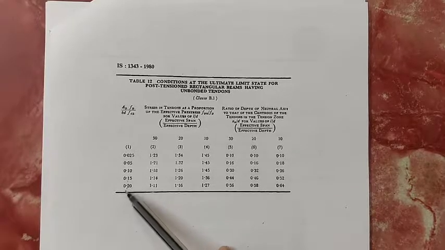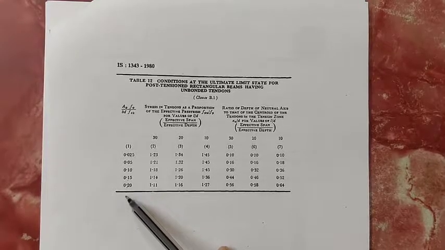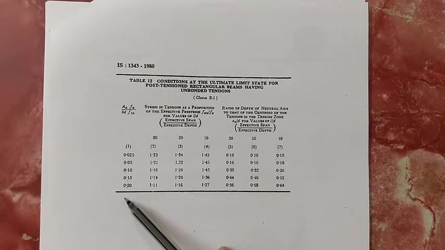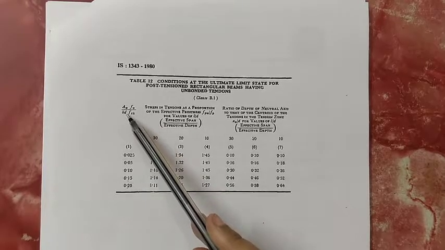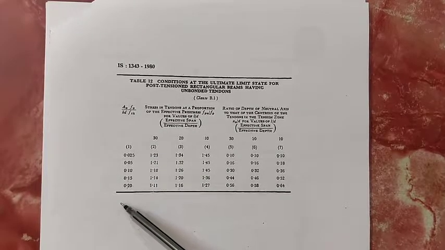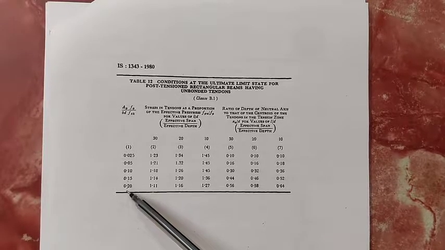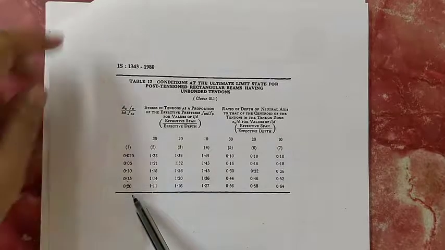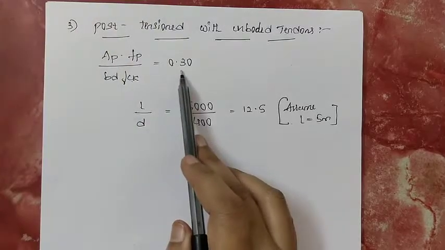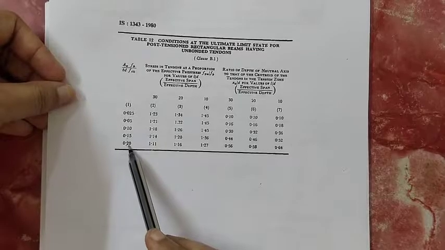The last value in this table is for 0.20, but what you have calculated is 0.30, which exceeds it. If the calculated AP by FP divided by BDFCK exceeds 0.20, then restrict that value to 0.20 itself. You need to read out the value for 0.20, even though you got APFP equal to 0.30.